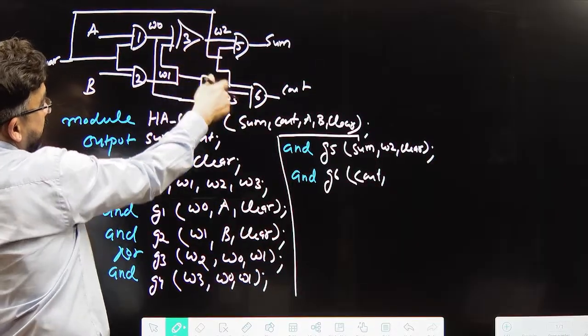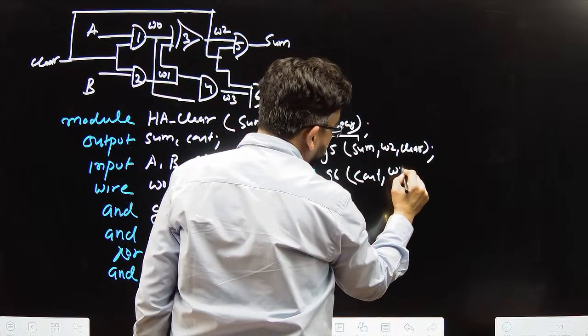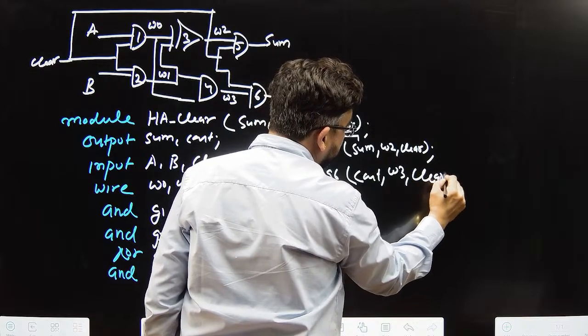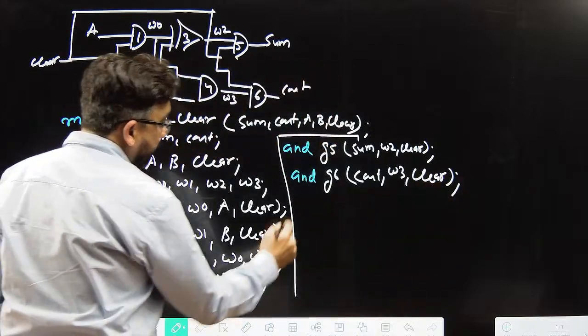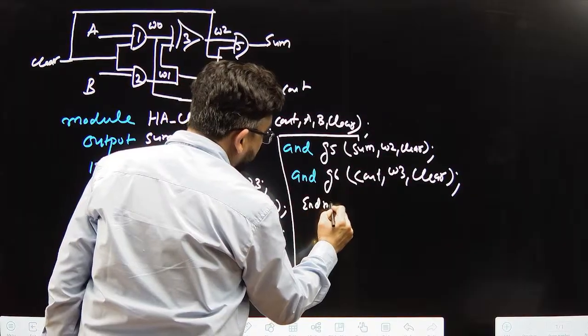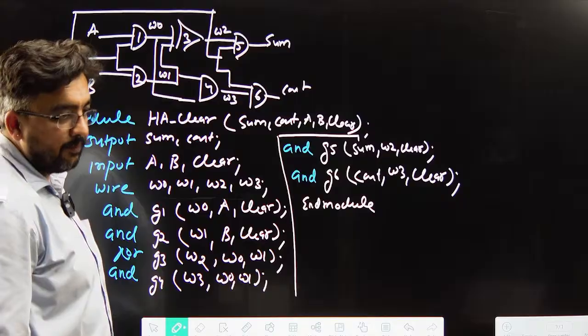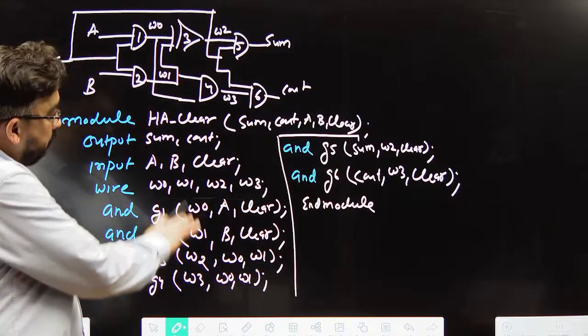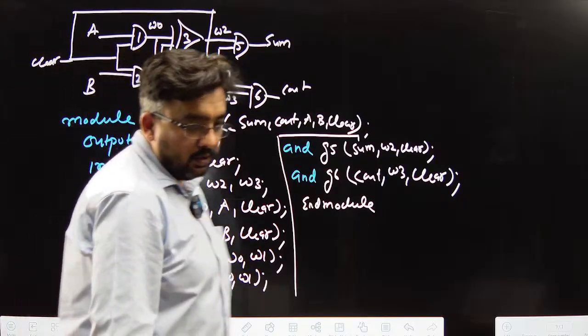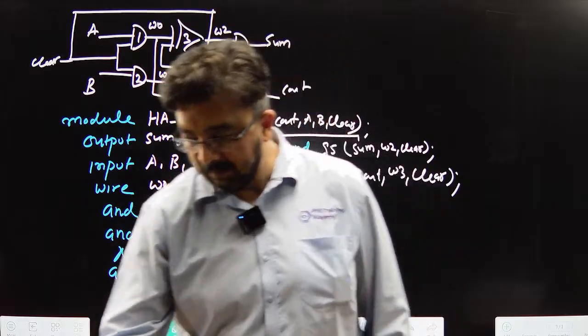W3 and clear. And that's all. And endmodule. So this is how you write the code. Now let me write the code on the tool simultaneously.